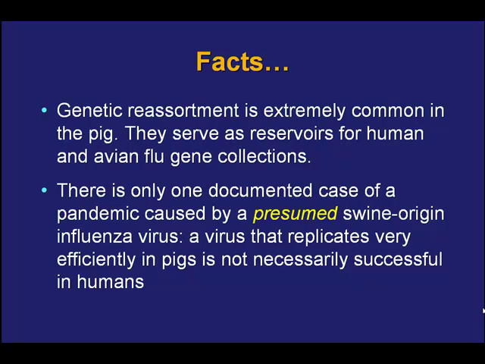On the other hand, it is true that genetic reassortment is extremely common in the pig, and I consider pigs as kind of reservoirs for human and avian flu gene collections.